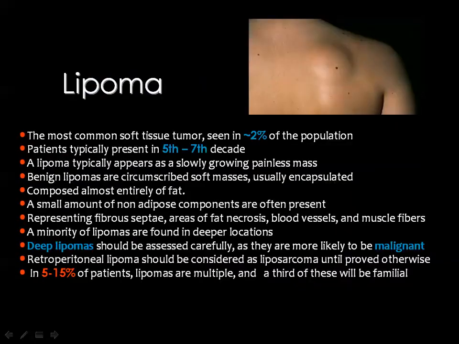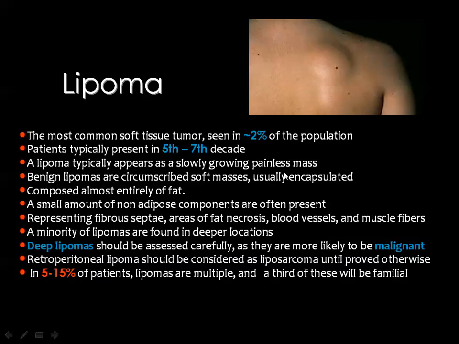Starting with lipoma, which is the most common soft tissue tumor, seen in about 2% of the population. It is usually seen in the 5th to the 7th decade of life. Lipoma is a very easy diagnosis, both clinically and by imaging.